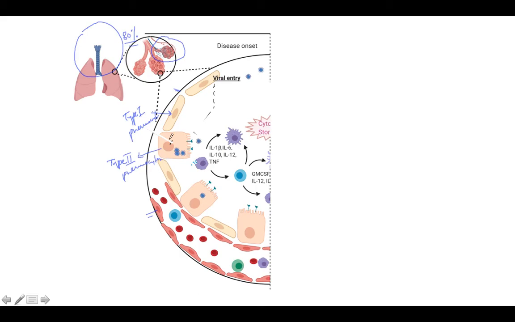Now, when coronavirus enters the respiratory tract, it comes across these type 1 pneumocytes. These are basically here for exchange of gases, as we know, carbon dioxide and oxygen, whereas the type 2 pneumocytes produce surfactant proteins.